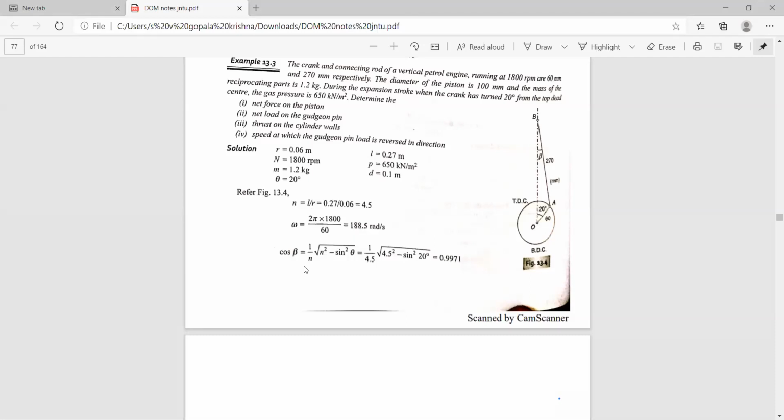For beta, the formula is sin beta equals sin theta by n, with theta equal to 20 degrees. Substituting the values, we get beta equals 4.36 degrees.